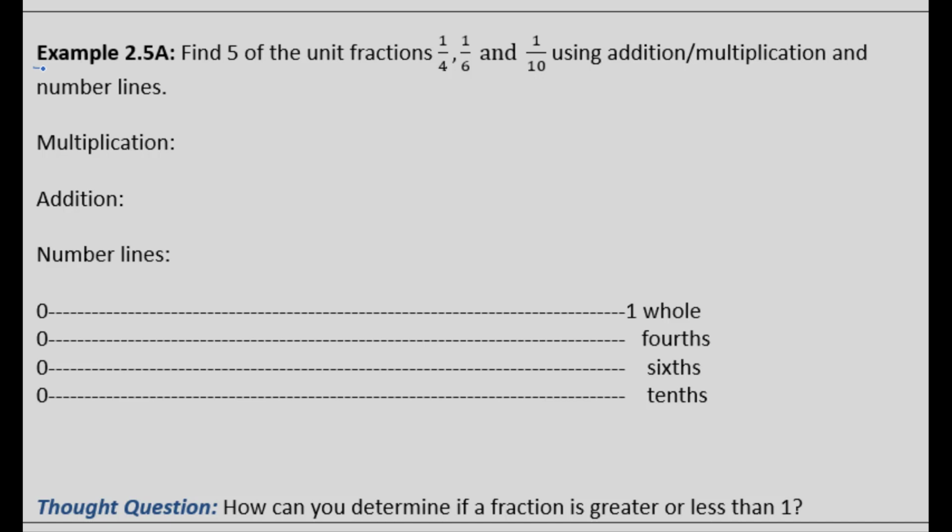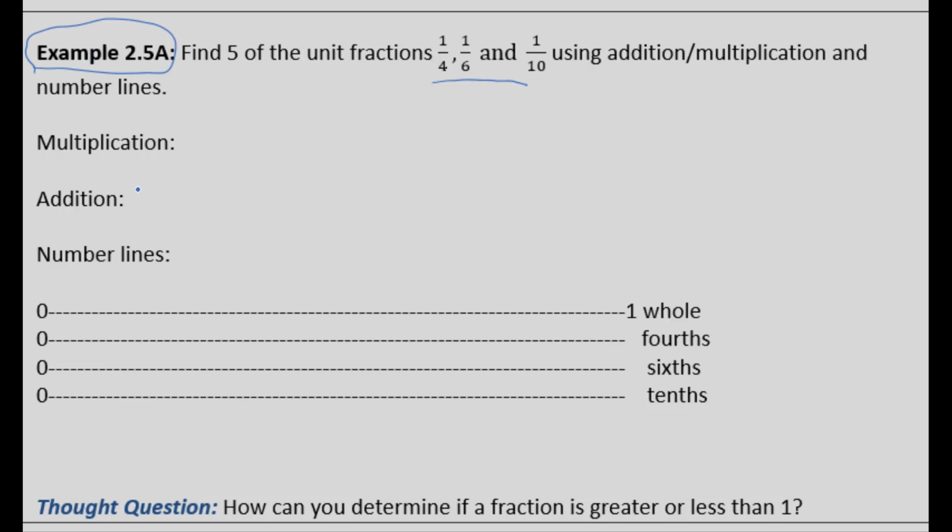So here's example 2.5a, which is the first one you're responsible for in terms of making it a PDF file or a Word file or taking a picture. It says find 5 of these unit fractions using addition and multiplication.